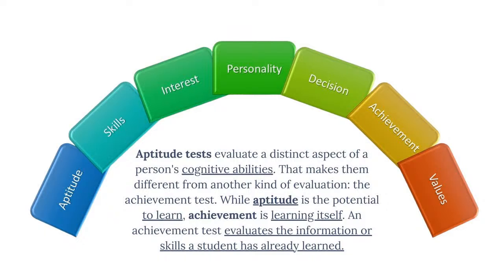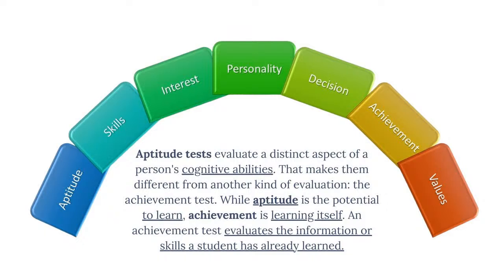I think the easiest way to say this is an aptitude assessment is what students are able to learn versus an achievement test or inventory is what they've already learned. So there's a variety of different inventories that you can provide for your students in order to get information to help you better plan for future things.